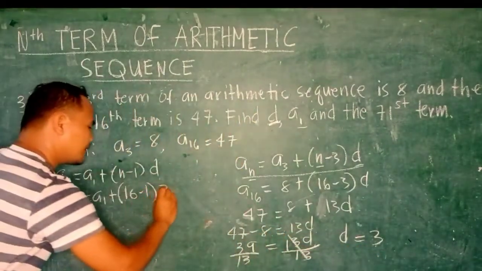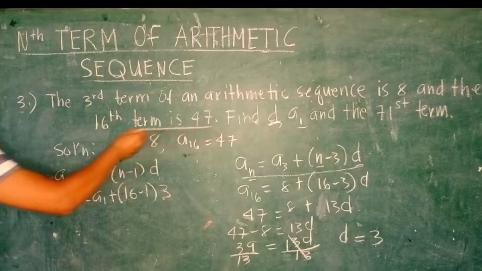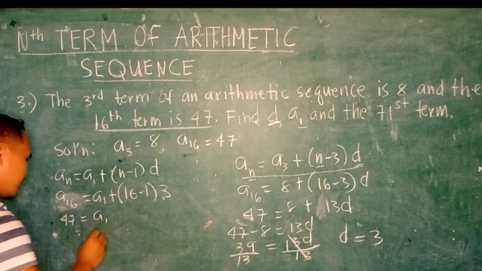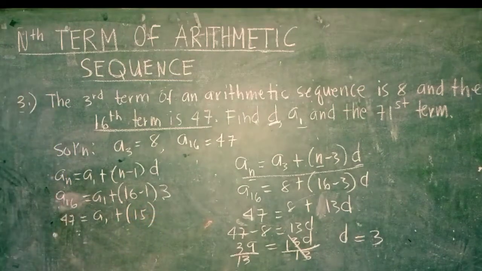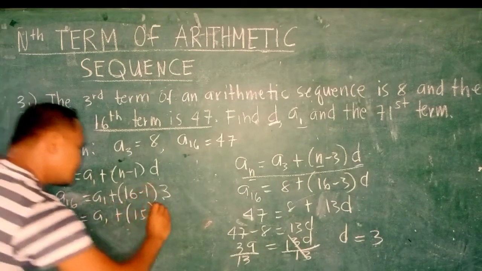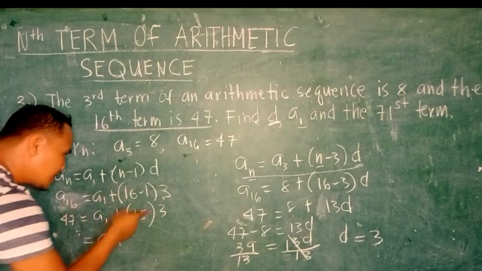So we have 3. Then a sub 16 in the given is 47. So substitute 47 equals a sub 1 plus 16 minus 1, that's 15. Times 3.